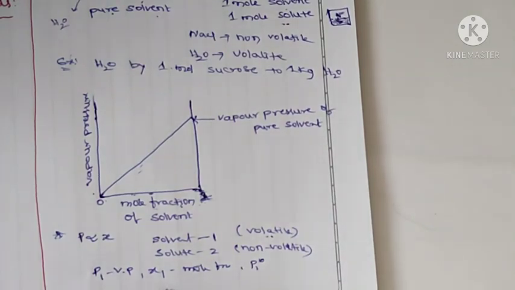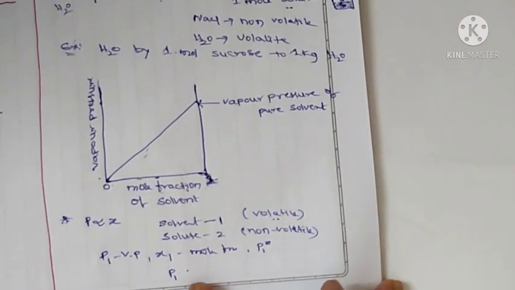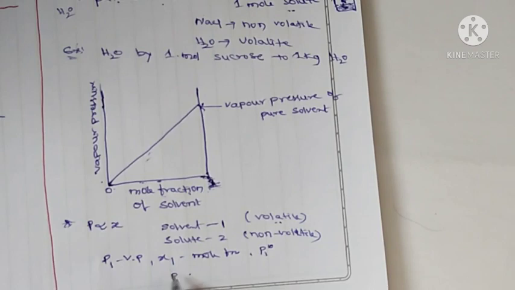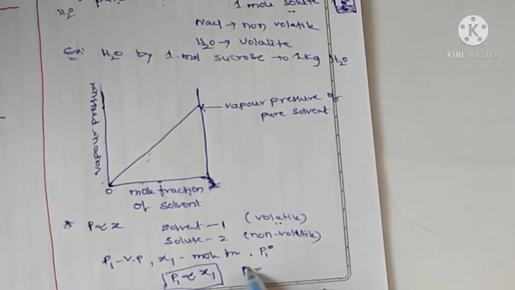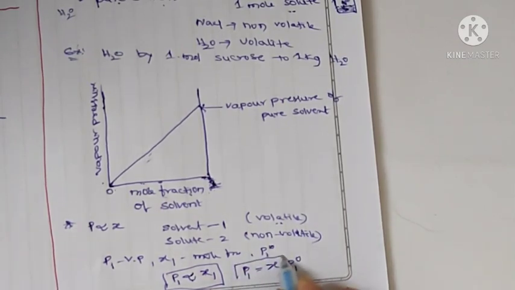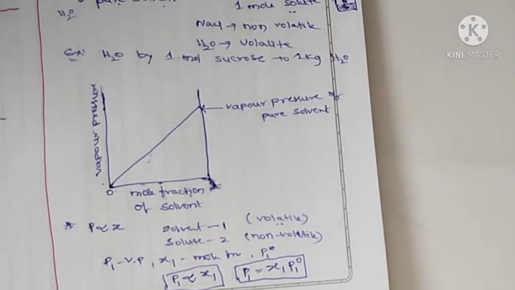According to Raoult's law we can write that P1 is directly proportional to X1. Taking a proportionality constant, P1 is equal to X1 times P1 naught. So this is Raoult's law.